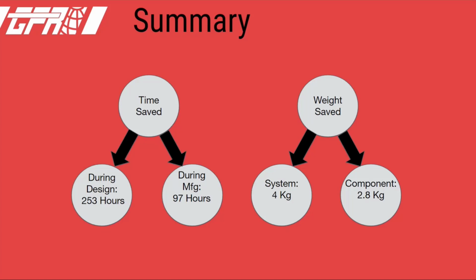GFR was also able to save a total of 4 kilograms in system weight and 2.8 kilograms in component weight by optimizing designs using the software mentioned previously. Overall, GFR has firsthand experienced the benefits of using Siemens software and will continue to use it in order to improve our race cars year to year.